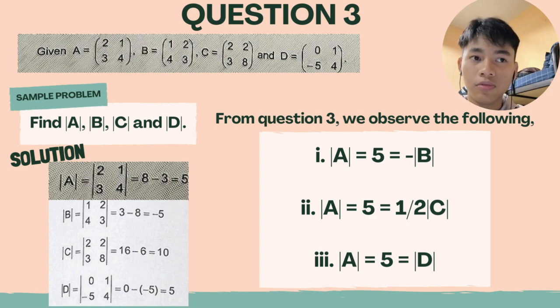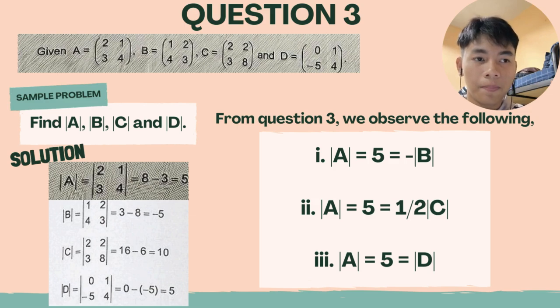From the solution of question 3, we observe that all of these are related. Look at the first observation: B is obtained from A by interchanging the first column and the second column in A. We found that determinant of A equals negative determinant of B. The second observation is that C is obtained from A by multiplying the second column in A by 2.